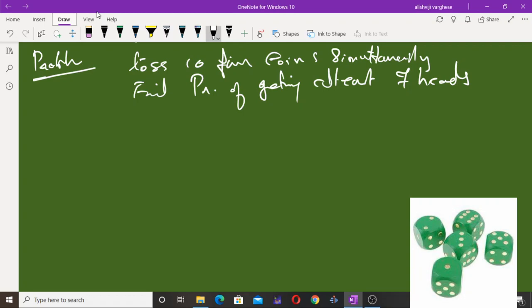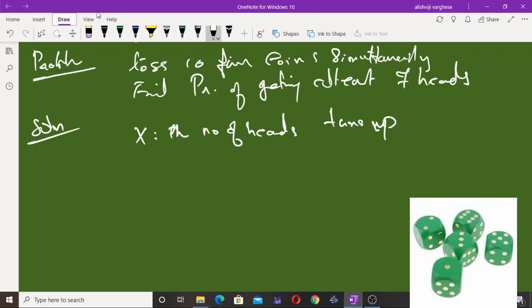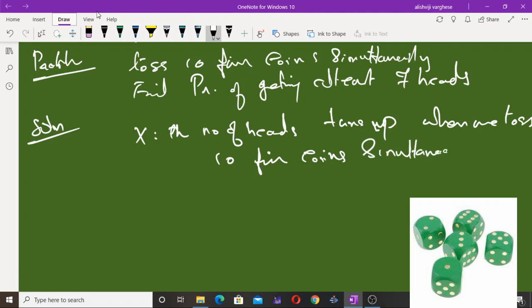So we are looking for the number of heads that turns up. So we have to define the random variable accordingly, and I define the random variable as the number of heads that turns up when we toss 10 fair coins simultaneously.